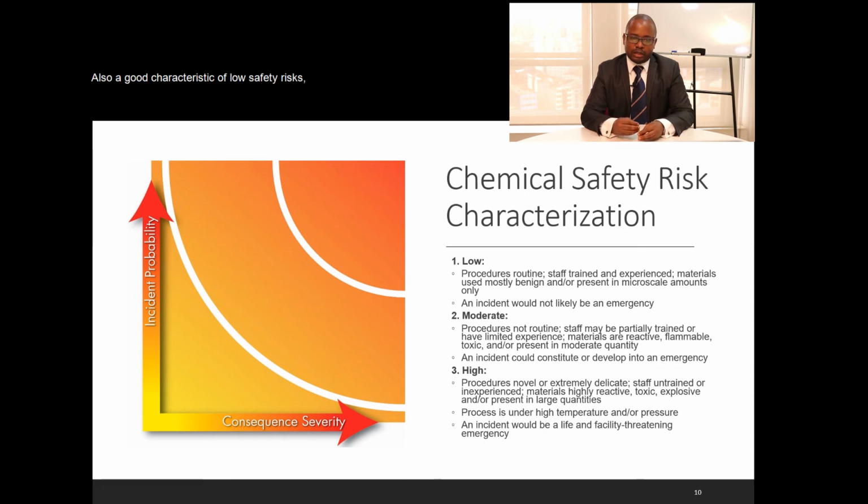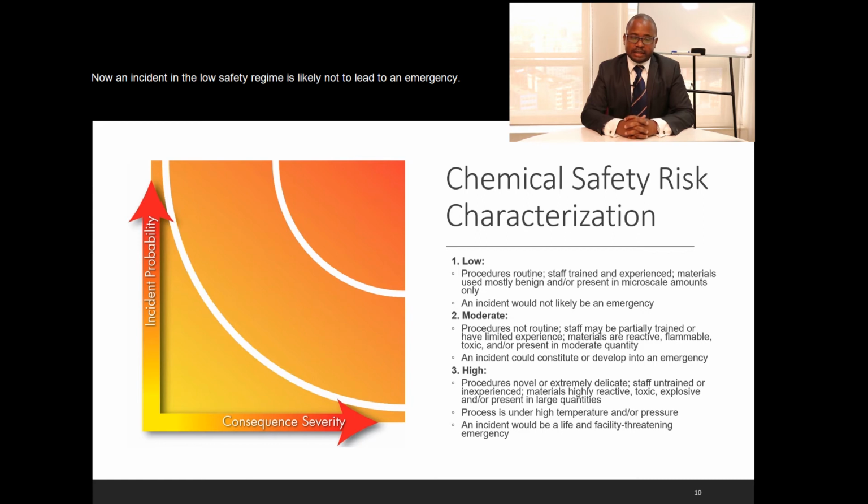Also, a good characteristic of low safety risks is the use of benign materials that are not very harmful. The volumes of the chemicals being used in the low safety risk regime are also small. So we are not involving ourselves with large volumes of chemicals.